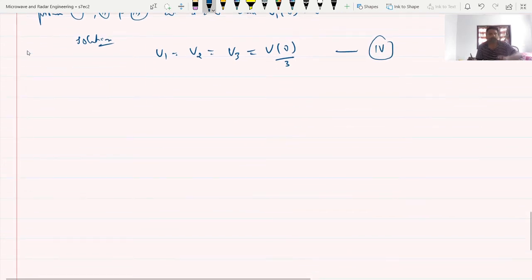So the growing wave increases exponentially with the distance.